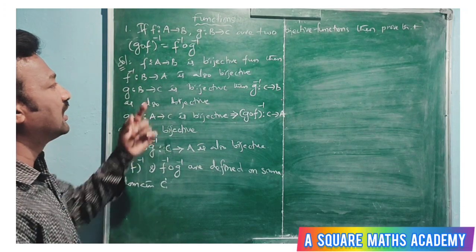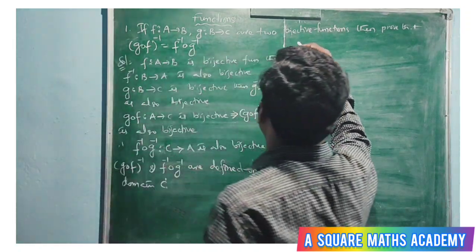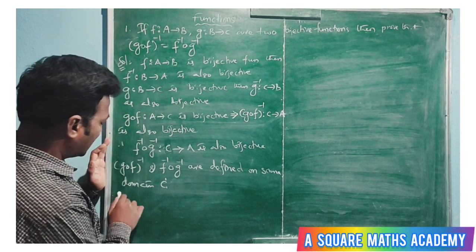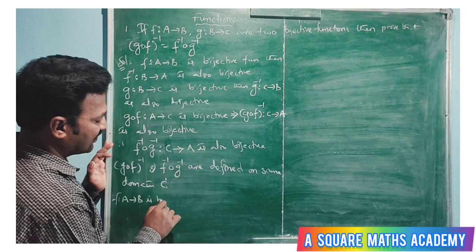Okay, what do we write now? The definition of bijective. We know the definition. f: A to B is bijective.